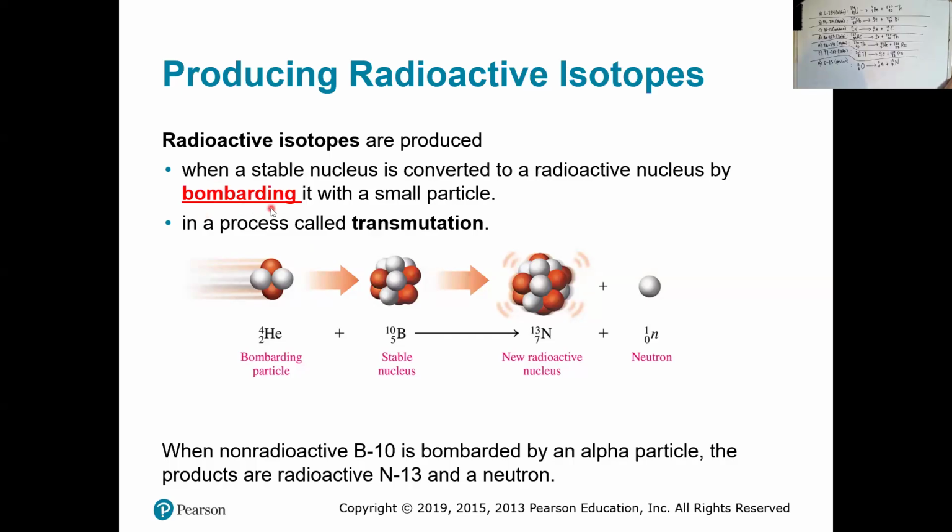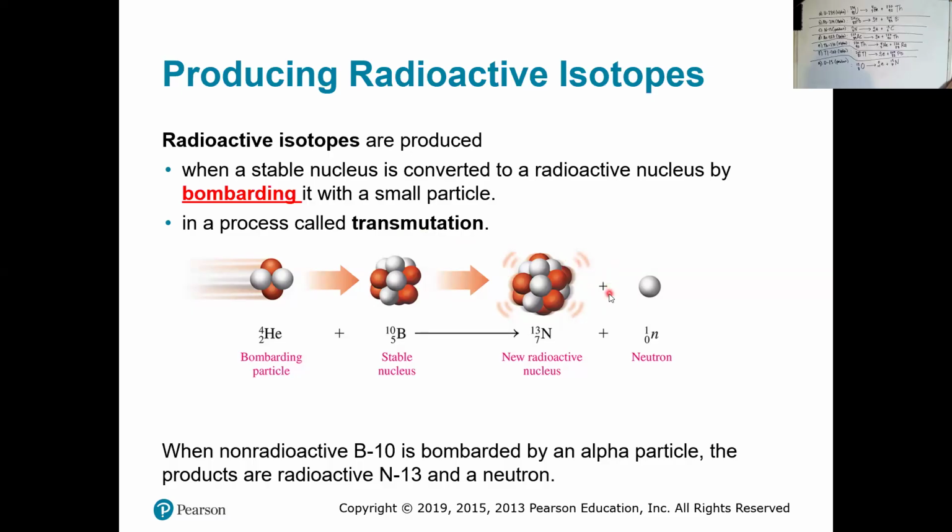Bombardment is when you take a smaller particle and hit it at very high speed into something that's stable. The result is a larger, more unstable nucleus, and remember that unstable nuclei are radioactive. This process where you take one element and turn it into something else using bombardment is called transmutation.